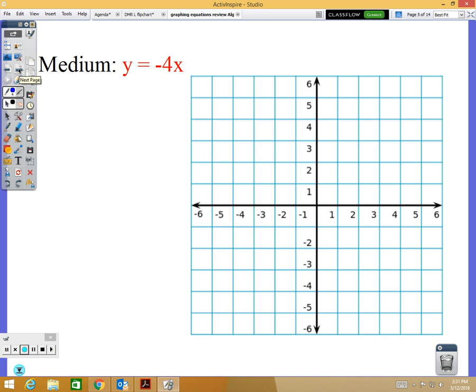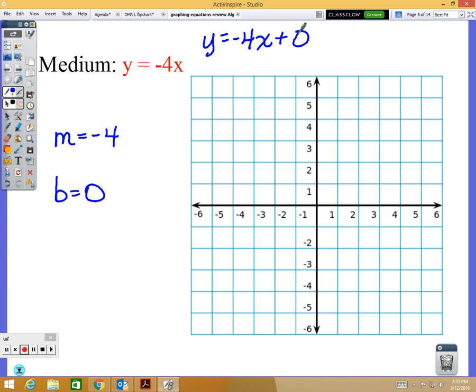Another medium level problem. There's nothing behind the x, so this messed up some people. What is the slope? Negative 4. This was the hard part. What is the y-intercept? 0. Because there's nothing, they could rewrite this as y equals negative 4x plus 0, but that's not really simplified. That's why that 0 is gone. You don't see a y-intercept.